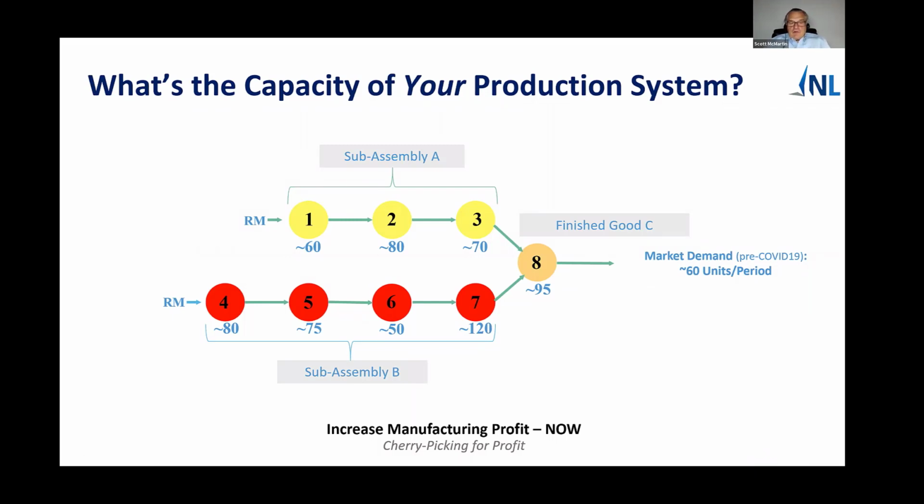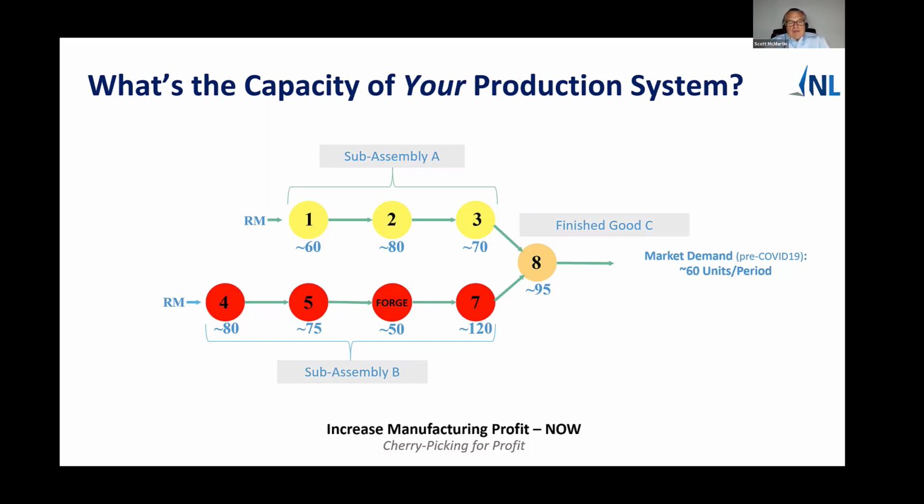The first issue, though, really is that most companies don't really understand their capacity. They basically will not say no to an order. They're happy to take every order they can take because they never know what's coming around the bend. But as you can see in this particular image, the market demand for this company's products is 60 units per period.